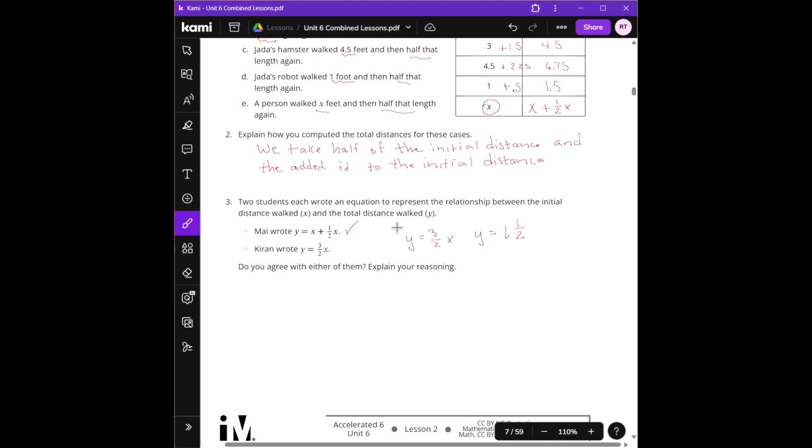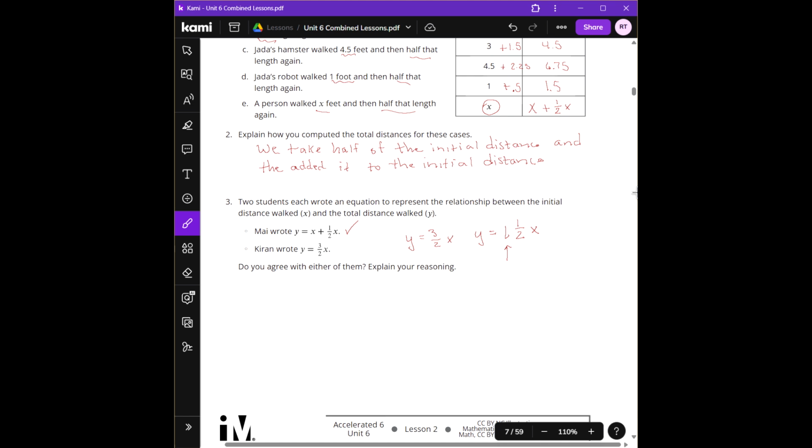Basically what I did is I just turned this into a mixed number. This right here is basically this because we're multiplying it by 1, and then we're going to have our fraction. So 1/2 is the same thing as 3/2. Then we multiply that by x.